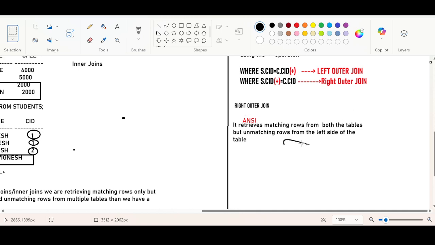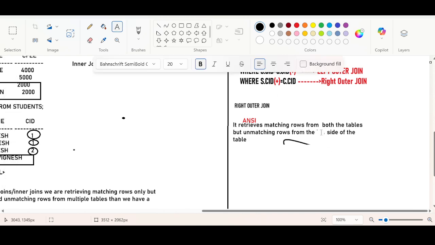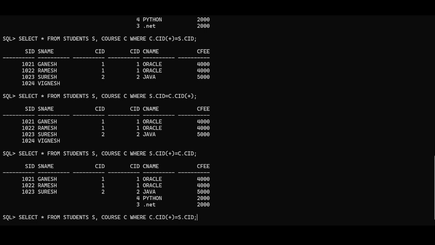The only difference is instead of using the left here, I can use what? I can use right. Right side of the table. Right outer join, right? Same thing.